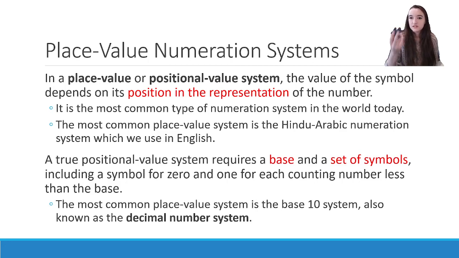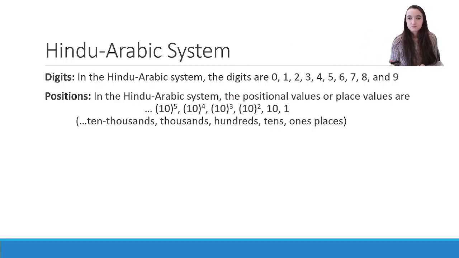But in the positional value systems, I need to know exactly where numbers are placed. 1, 2, 3 has 1 hundred, 2 tens, and 3 ones, whereas 3, 2, 1 has 3 hundreds, 2 tens, and 1 one. So it matters what order I write the numbers in.